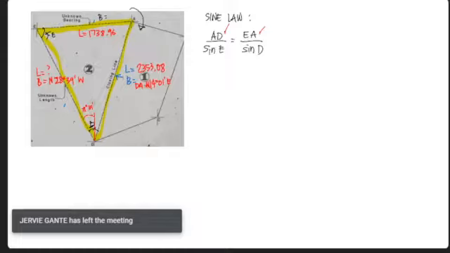So, angle D is equals to, ano yung angle D natin?